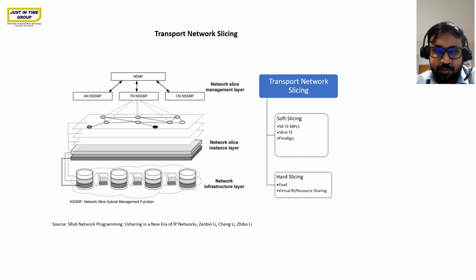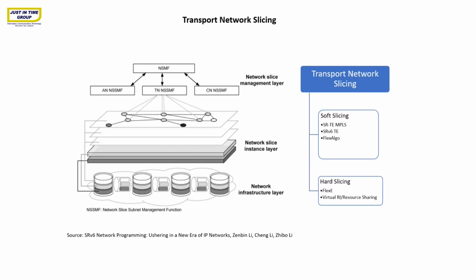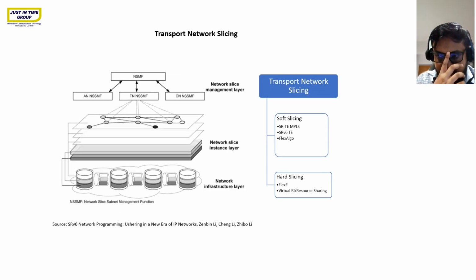So I will go through SR-MPLS and SRv6 briefly in the upcoming slides, because we covered that in the previous webinar. On the left side, you can see how it looks. For the core network, you can have an NSSMF like that. The transport network could have that network slice subnet management function, which could be implemented anywhere.